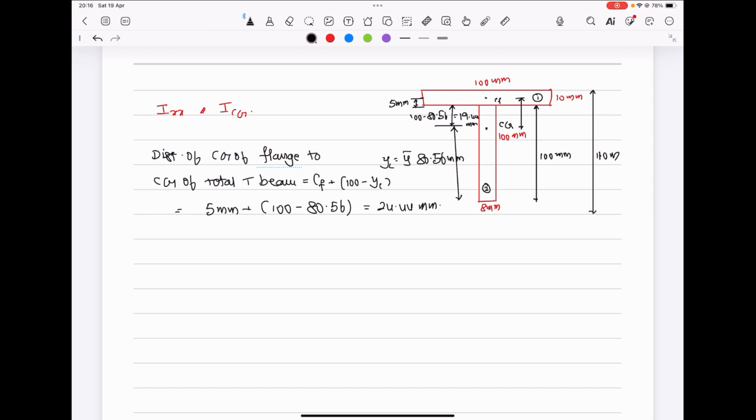This is the distance between the center of gravity of the flange alone and the center of gravity of the total T-beam. We will call this D1, for the area 1.